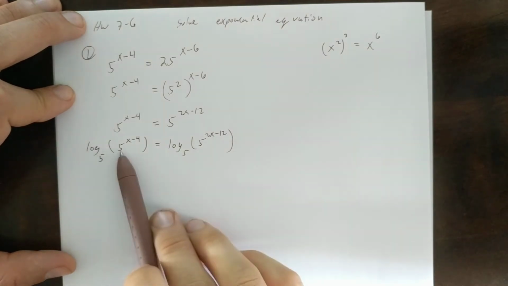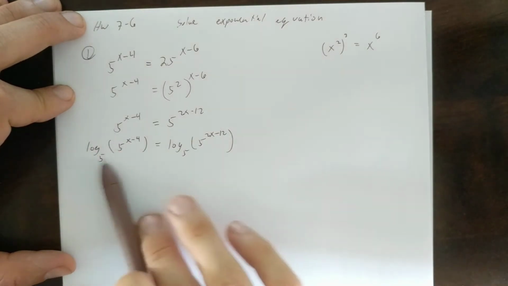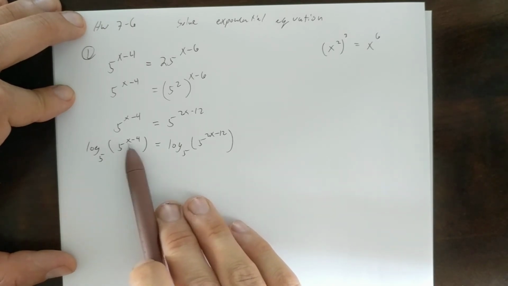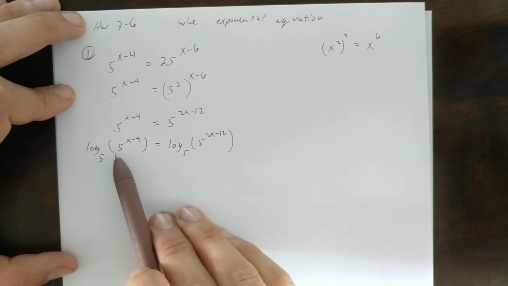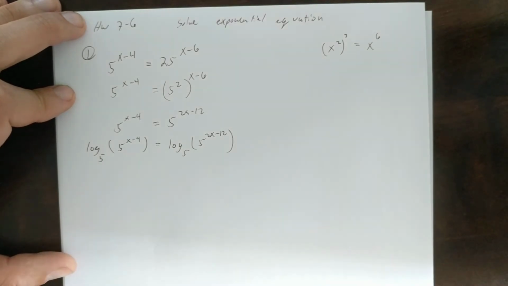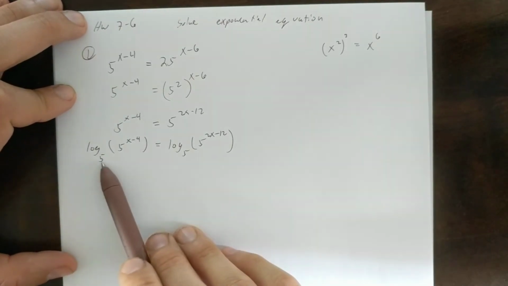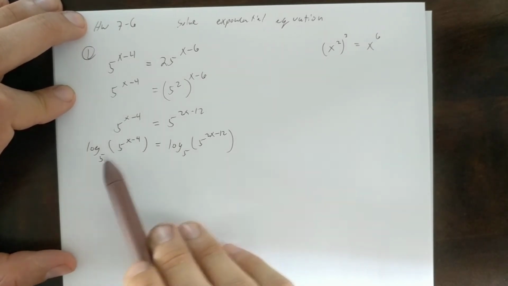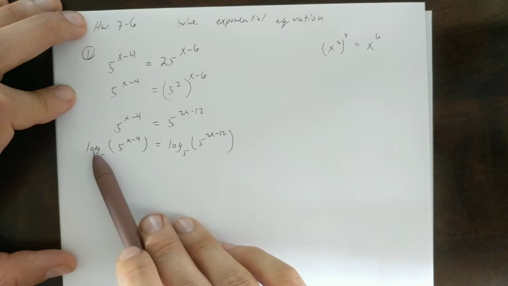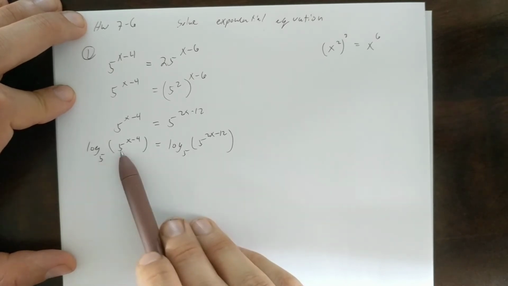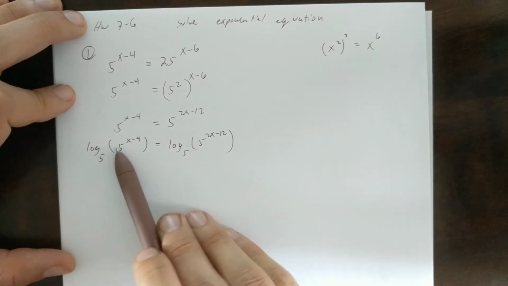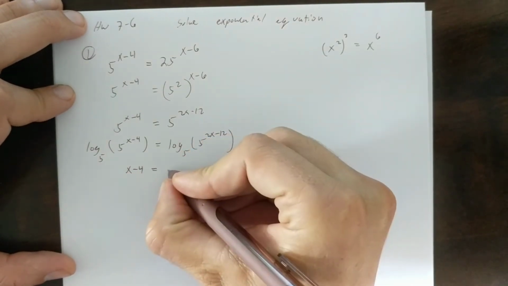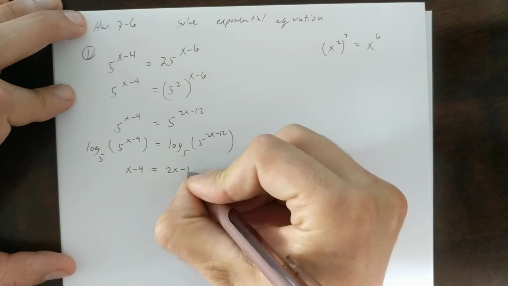Now, log base 5, what is this asking? 5 to what power is 5 to the power of x minus 4? Well, I answered the question in the question. In other words, the log base 5 and the base 5 of the exponential cancel each other out, and I'm just left with x minus 4 equals 2x minus 12.